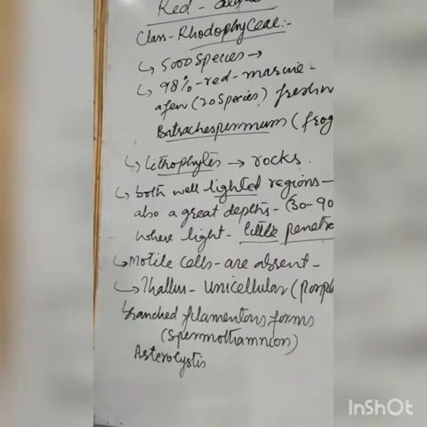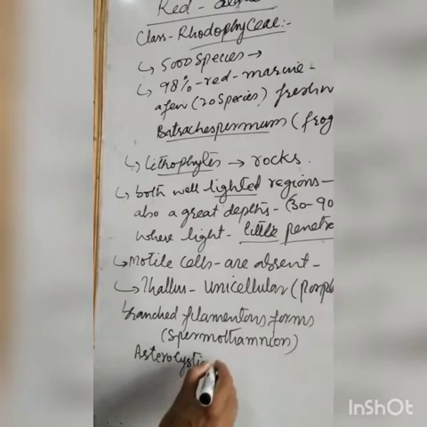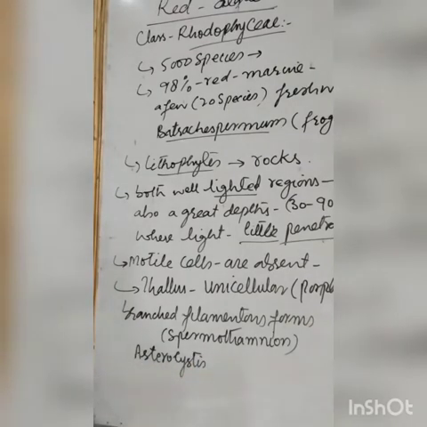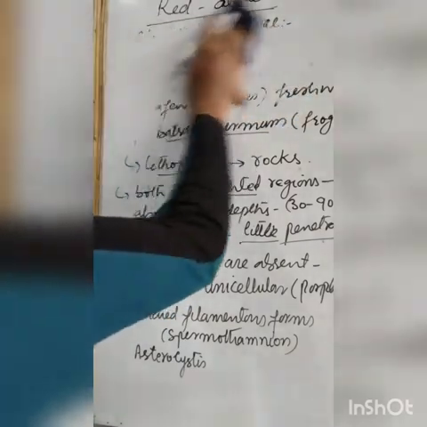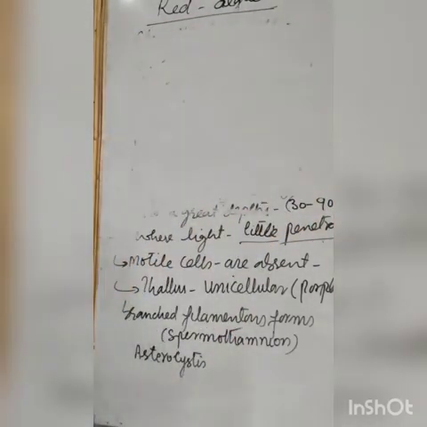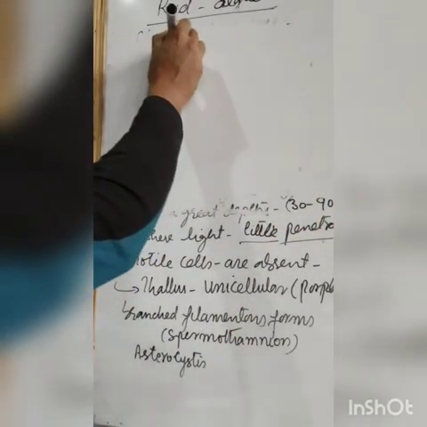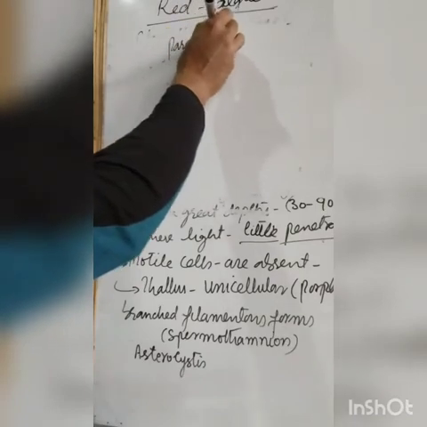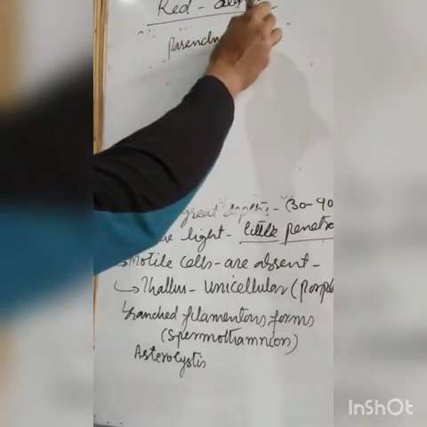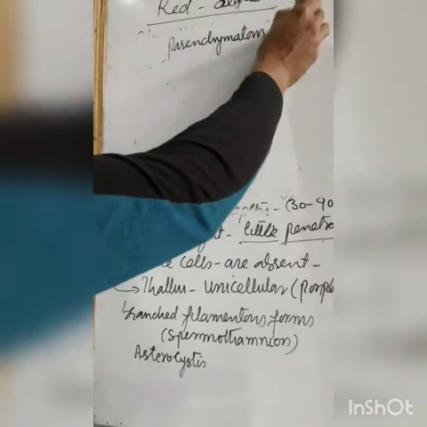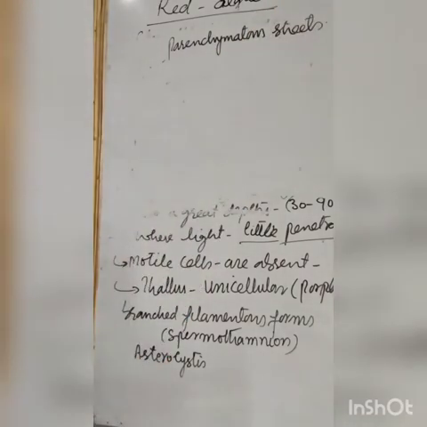Then there are parenchymatous sheets, that is leaf-like, for example Porphyra.